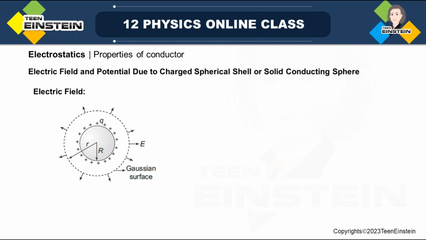Now we'll move on to another topic: the electric field and potential due to a charged spherical shell or solid conducting sphere. Solid conducting sphere we will take up later.